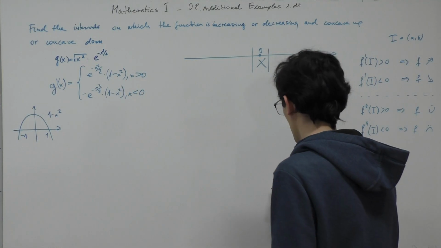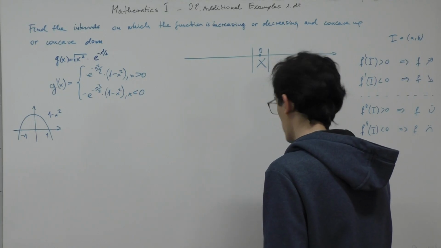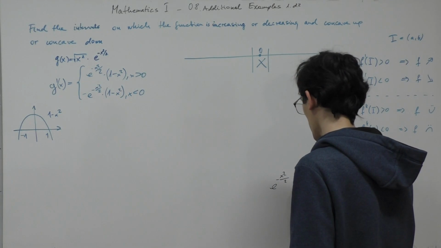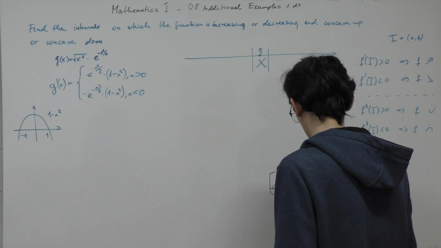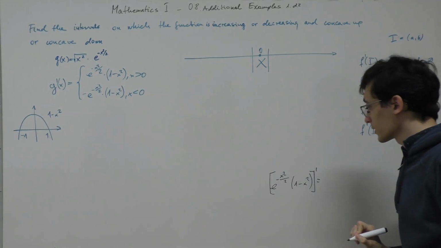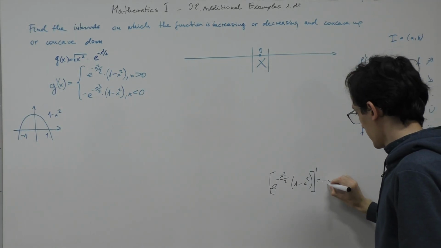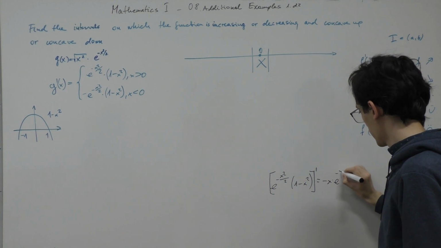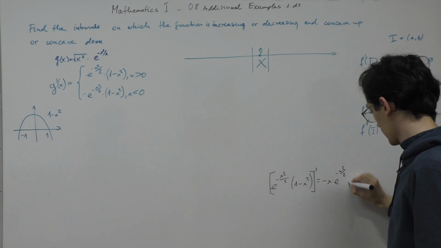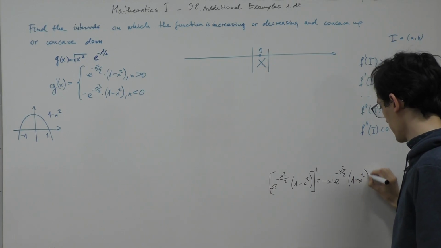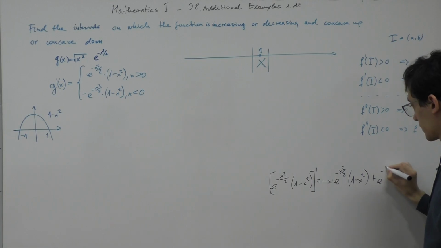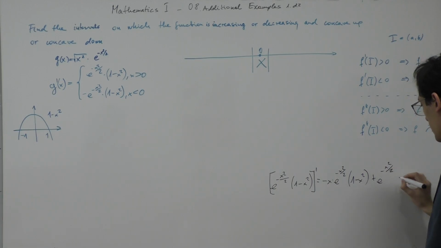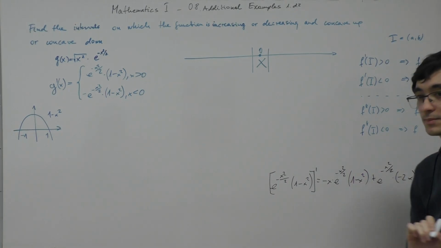That will give us e to the negative x squared over 2 times 1 minus x squared, and taking its derivative, we will get negative x times e to the negative x squared over 2 times 1 minus x squared plus e to the negative x squared over 2 times negative 2x.